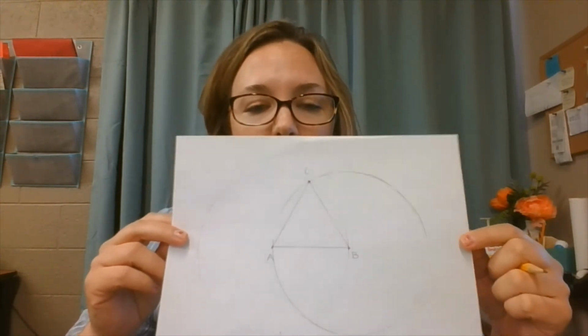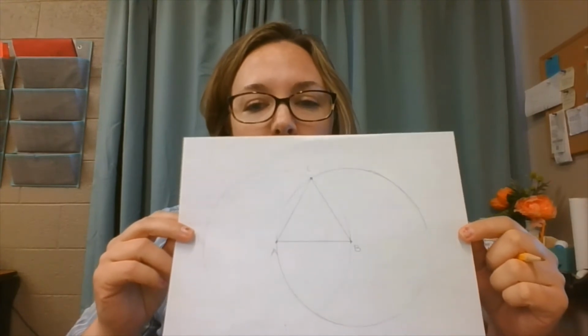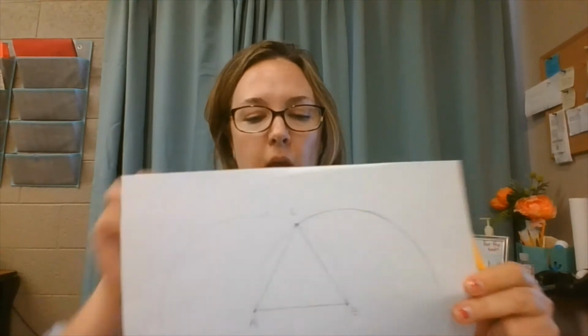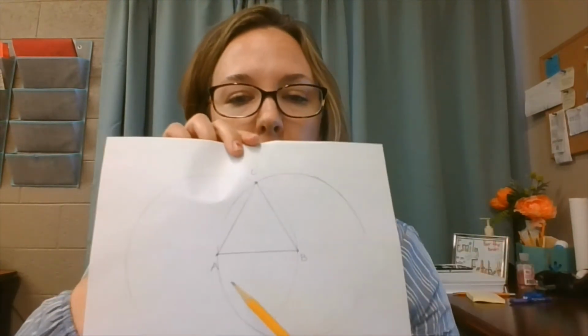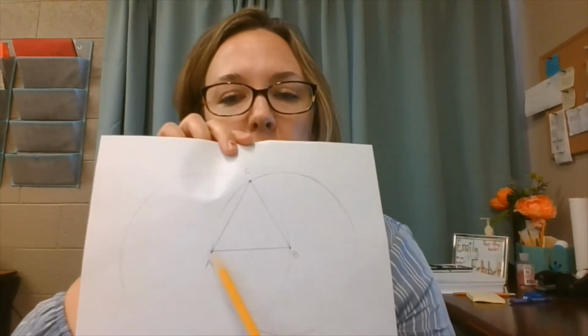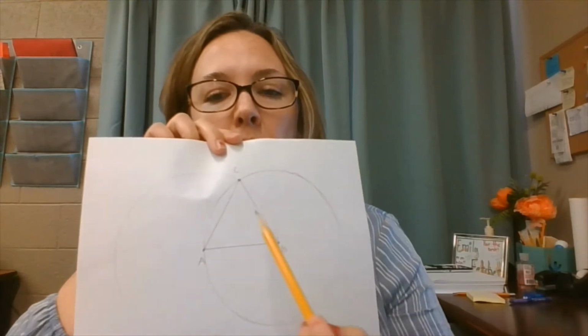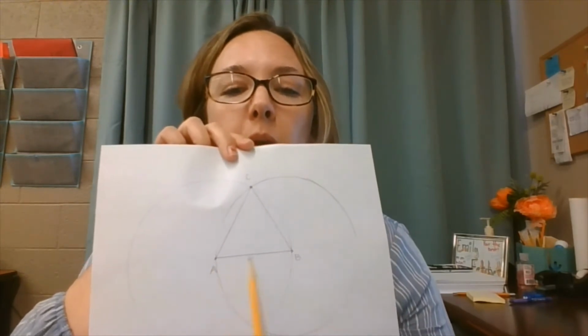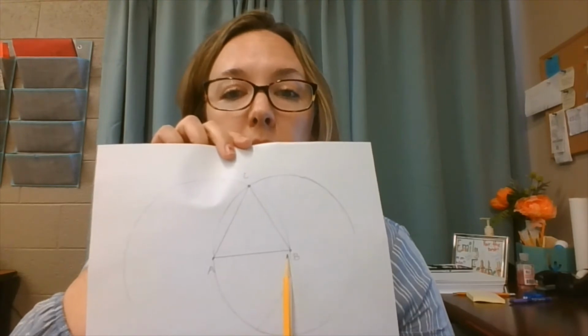Now you can trust me, but the question is why? Why can you trust me? Why is this an equilateral triangle? If you look at the original line segment A to B, let's just focus on circle A, okay? In circle A, the line segment A to B is a radius.